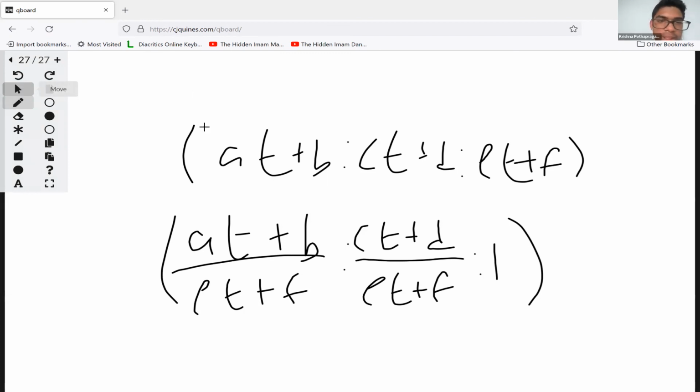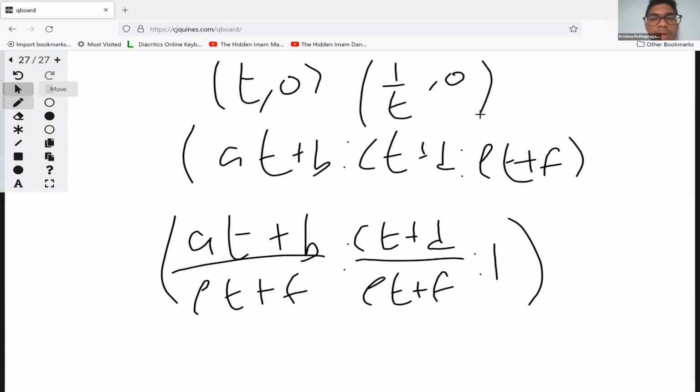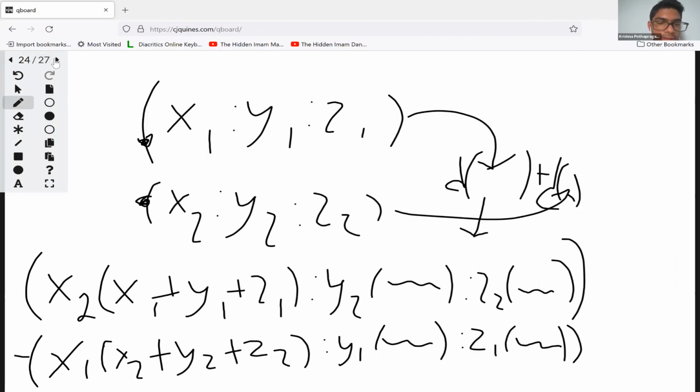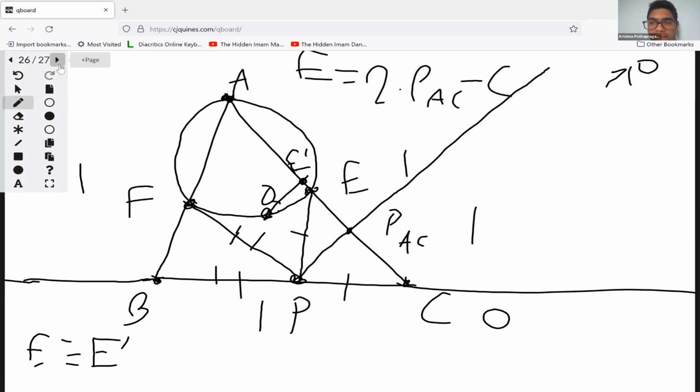If we look at Cartesian coordinates, T comma 0 moves linearly, while 1 over T comma 0 does not move linearly. However, they both have degree 1 when we define it like this. But we can, in fact, do this homogenization sort of thing to get that if they coincide at 3 points, it's fine. We show that they're the same.